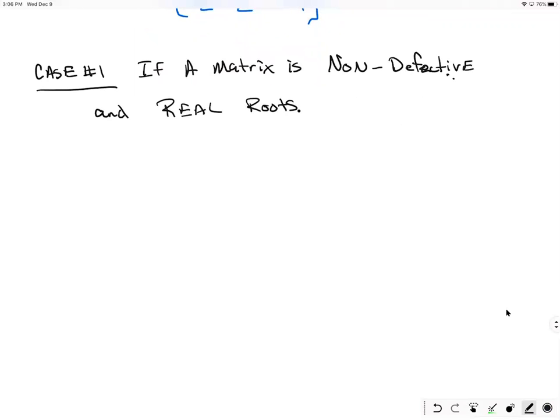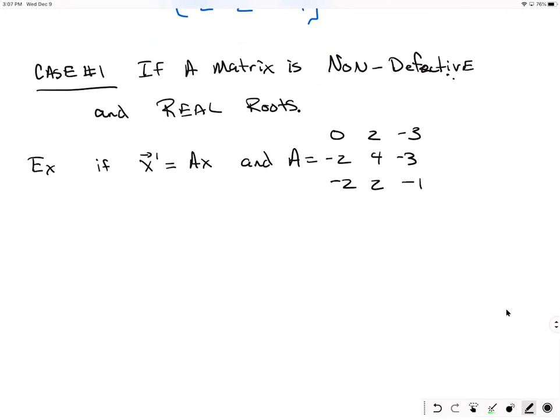So let's do that example that we just did. For example, if x prime vector equals Ax, and A equals the one I just wrote down, 0, 2, minus 3, minus 2, 4, minus 3, minus 2, 2, minus 1.